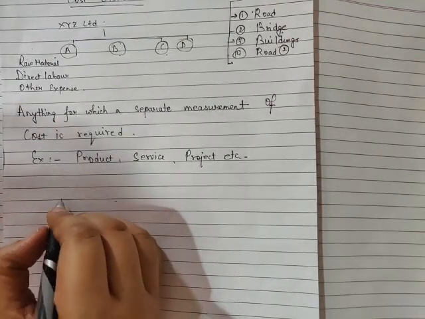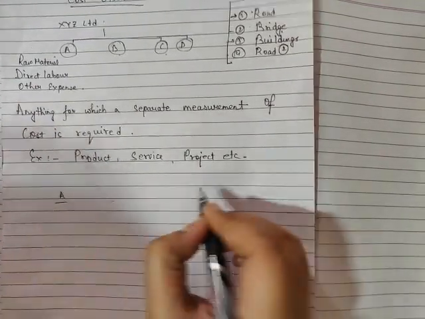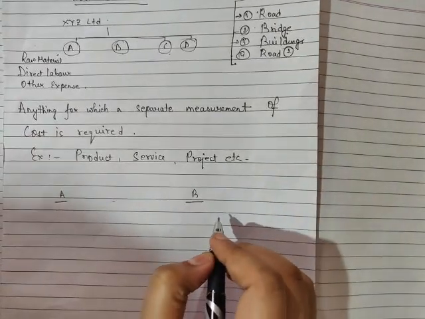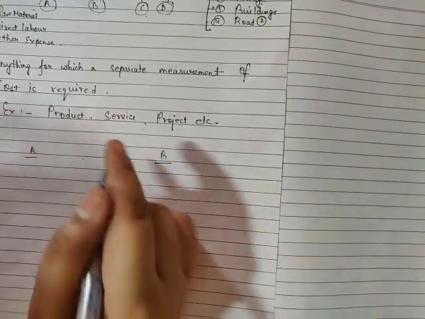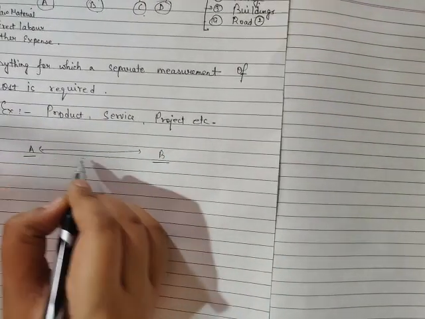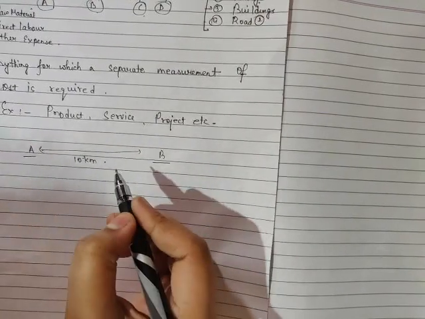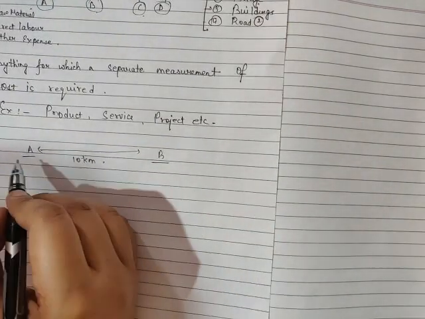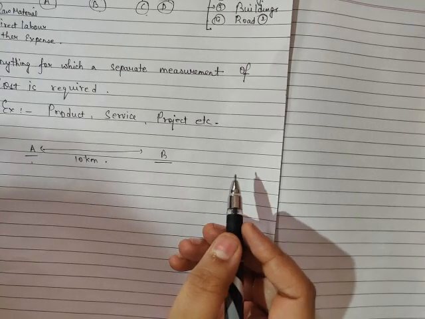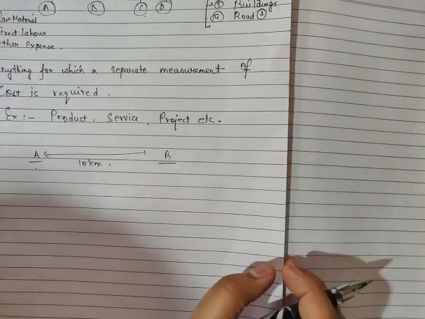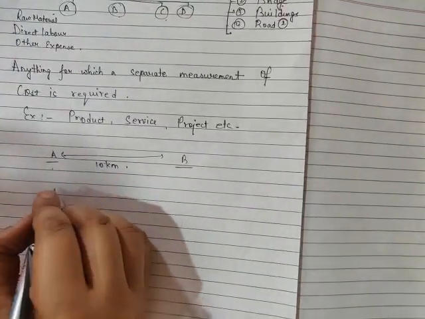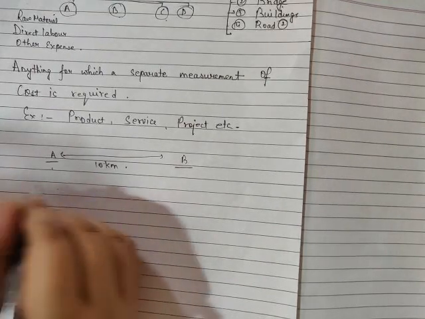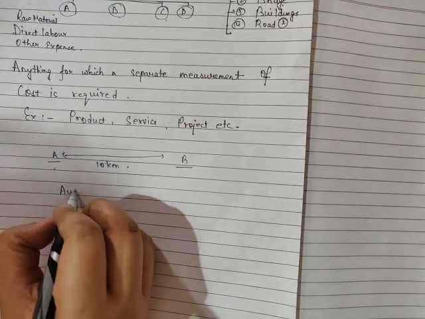Next, suppose हमें एक पॉइंट है A and we have to go to the other point B. So we say suppose the distance is 10 kilometers. So हमें 10 kilometers travel करना है from A to B. So उसी तरह when we measure the cost of any product, say a company is manufacturing automobiles.